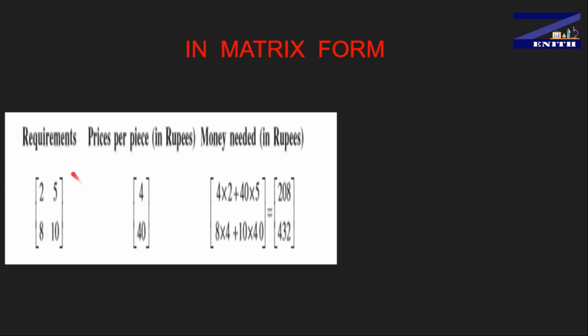So this was the requirements and this was the price of each item. In the end, the money needed by each person is obtained by multiplying and adding: you multiply a row of the first matrix with the column of the second matrix. You multiply 2 with 4, and 5 with 40, and in the end you add them.